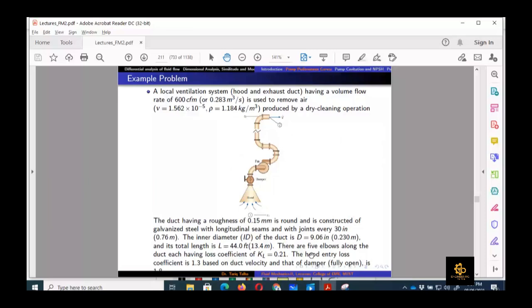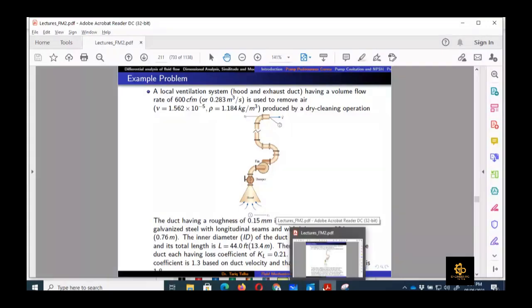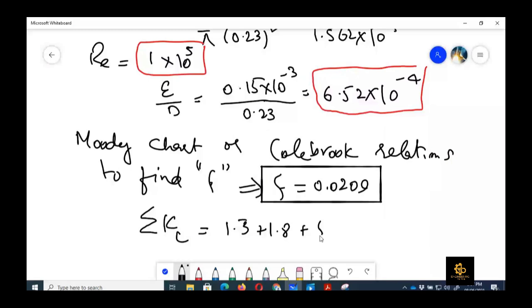There are five elbows. If we see the chart for the elbows which are made of galvanized steel, the value from the table is 0.21, so 5 into 0.21. So the value comes out to 4.15.